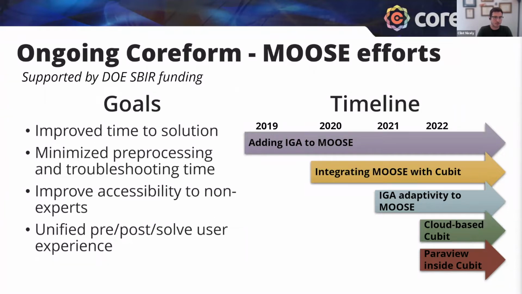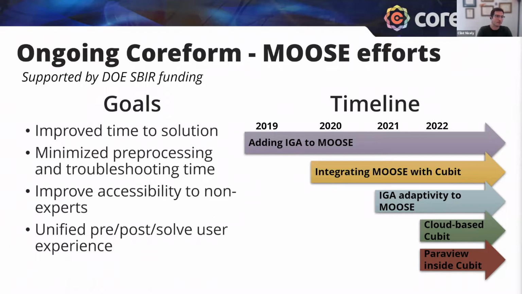We've also been, in the past few years, integrating Moose input deck building capabilities into Cubit, as well as other features that we are also adding into Moose, such as additivity. And in the future, we're looking to expand our Cubit capabilities with not only a post-processor in ParaView, but also allowing it to be cloud-based as well, so that you'll be able to access it through your browser, wherever you may be.